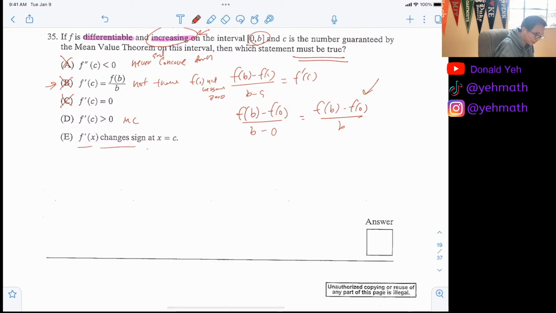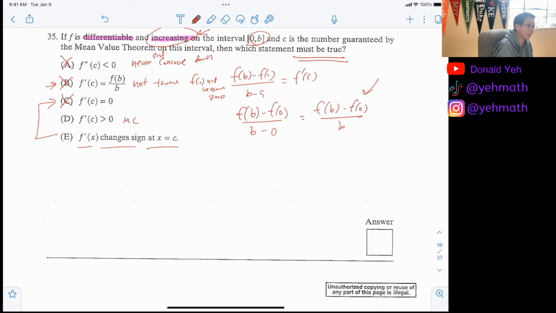F changing sign at x equal to C. This says nearly the same thing as C. It's slightly different because C doesn't have to have a sign change, but if f prime changes sign, then f prime C equals 0.